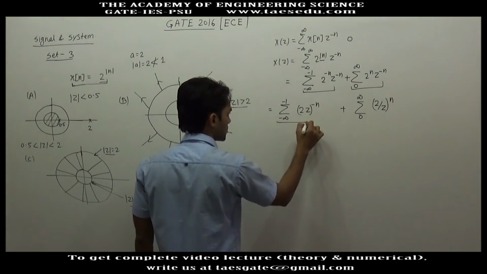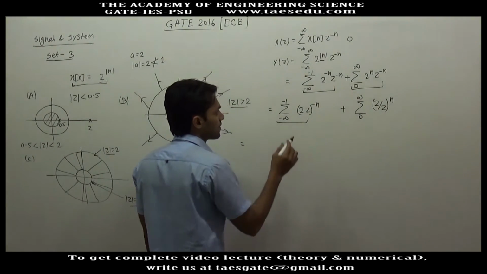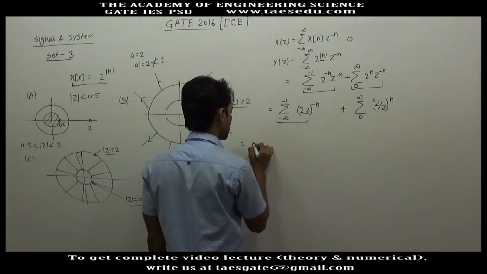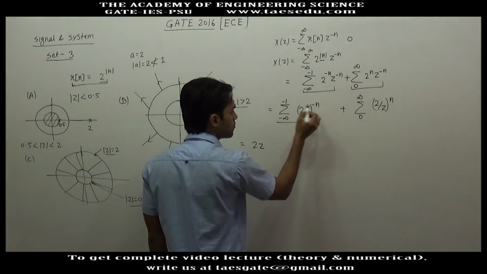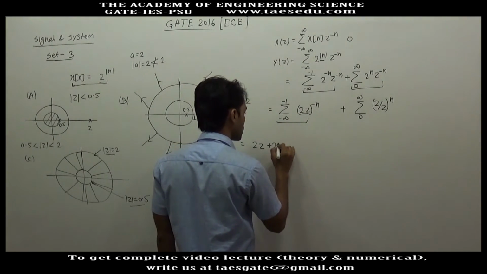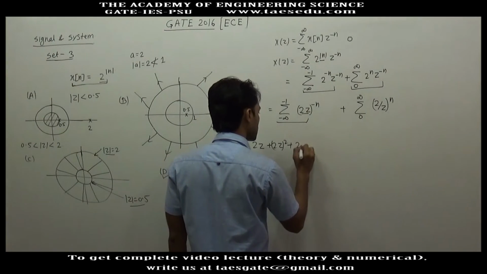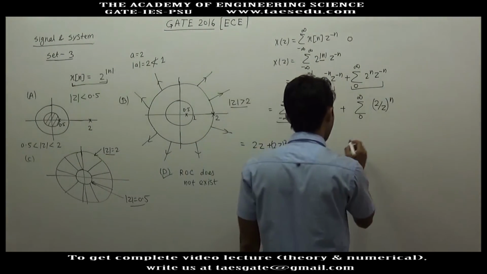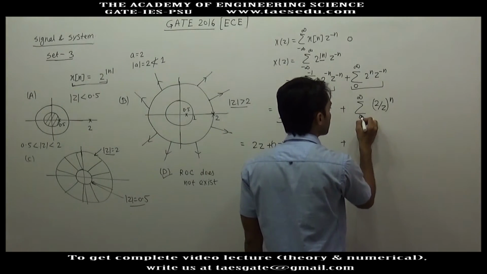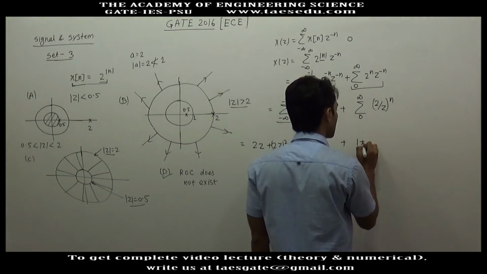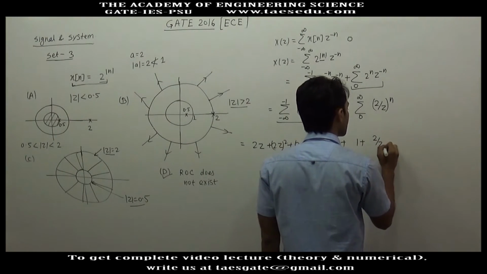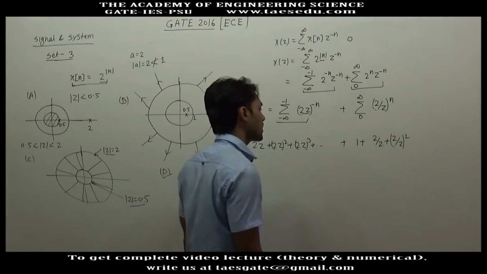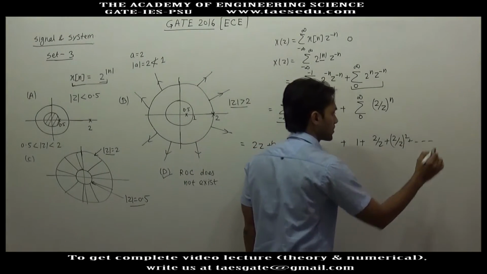If you open this series, first put n equal to minus 1, so we have 2z. When n equals minus 2, you get (2z) squared, then (2z) cubed, and so on. In the second series, if you put n equal to 0 you get 1, then 2 by z plus (2 by z) whole squared, and both are infinite series.